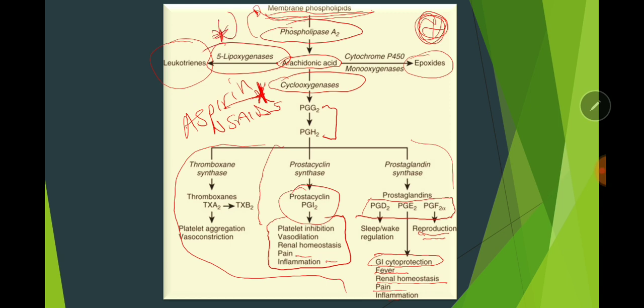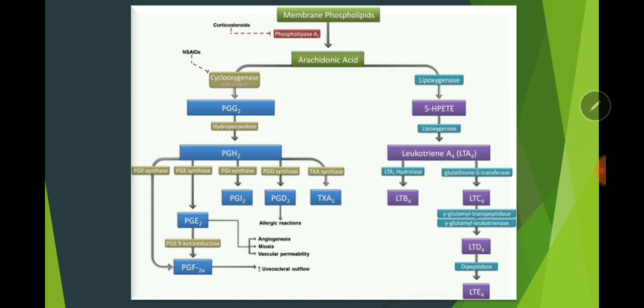So the lipoxygenase is not blocked by aspirin. So you can increase production of leukotrienes, and this can lead to exacerbation of asthma due to delayed mast cell degranulation. So it causes more leukotrienes, and it exacerbates asthma.